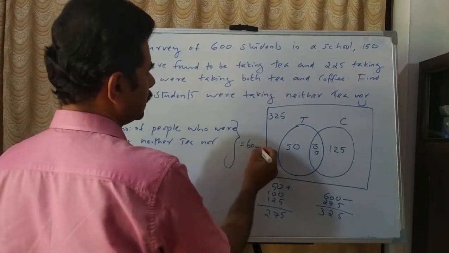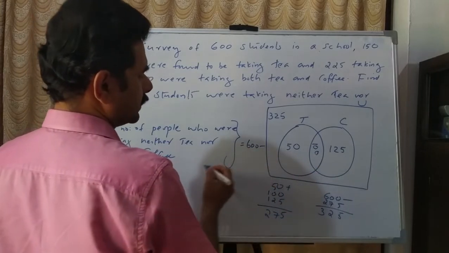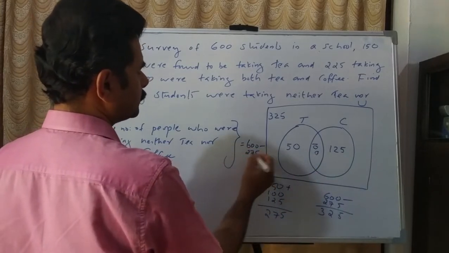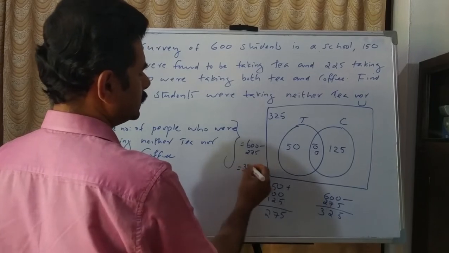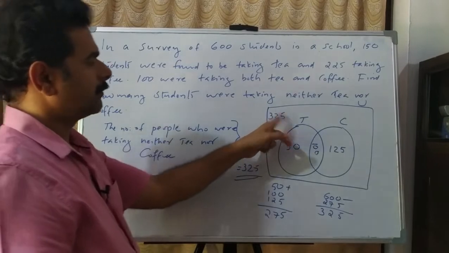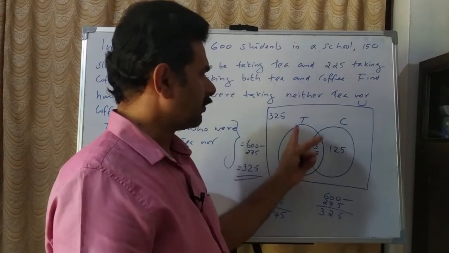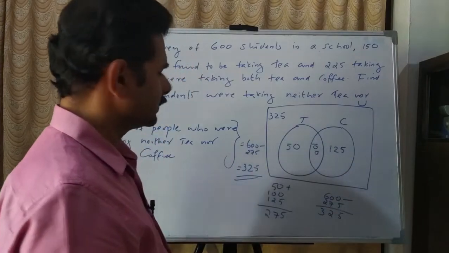This 600 minus this total 275, isn't it? So the answer is 325. So 325 students are not interested in taking tea or coffee. So this is the answer.